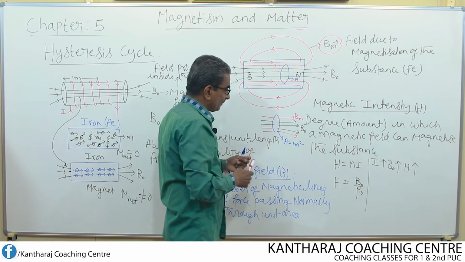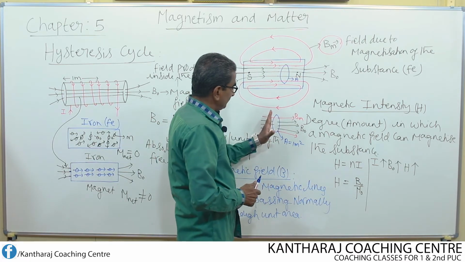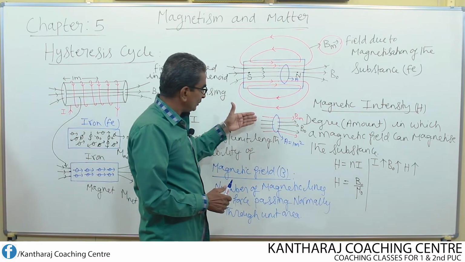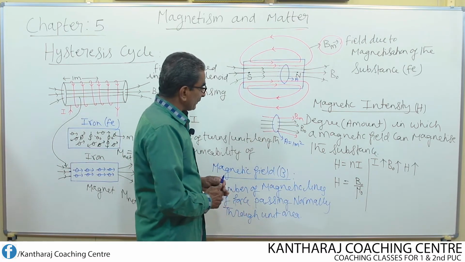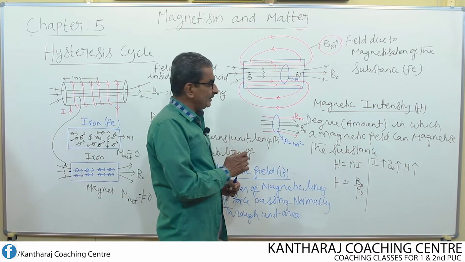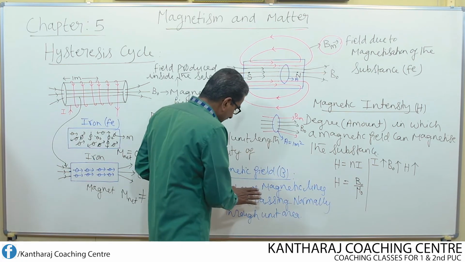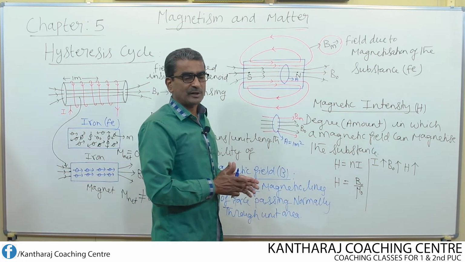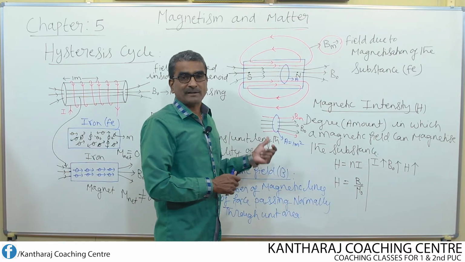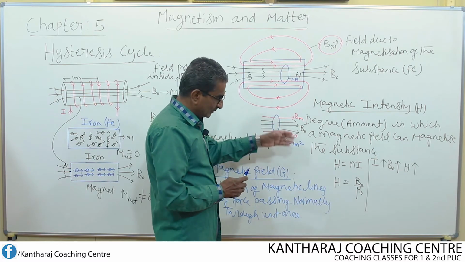So the total number of magnetic lines of force passing perpendicularly or normally through an area is known as the magnetic field. But whenever you want to find the magnetic field, we do not count the magnetic lines. Only for definition purposes we say number, but to find the value of B mathematically, there is one equation.